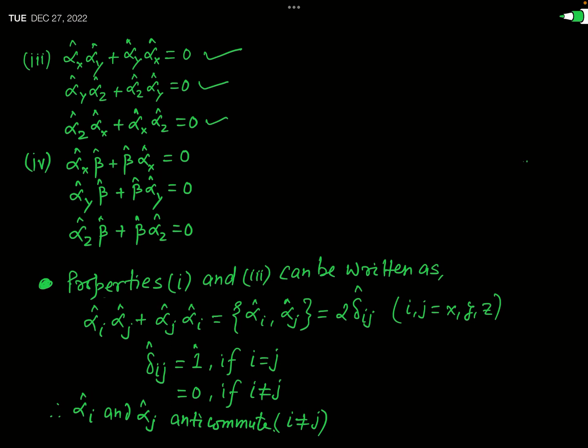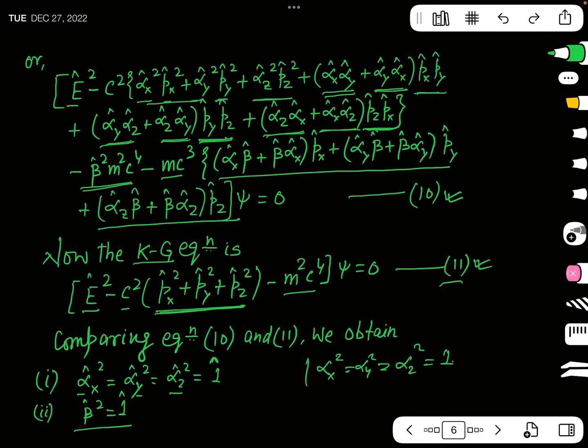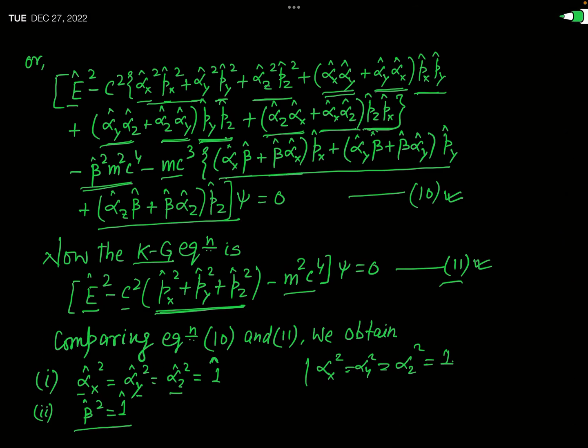Now, you can again see these terms, where I have written alpha x beta plus beta alpha x times px, alpha y beta plus beta alpha y times py, alpha z beta plus beta alpha z times pz. Like these terms, there is no term present in the Klein-Gordon equation.